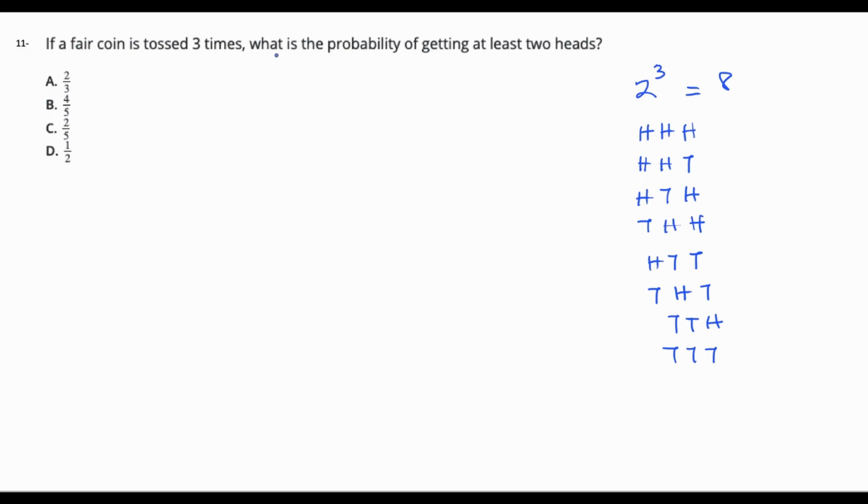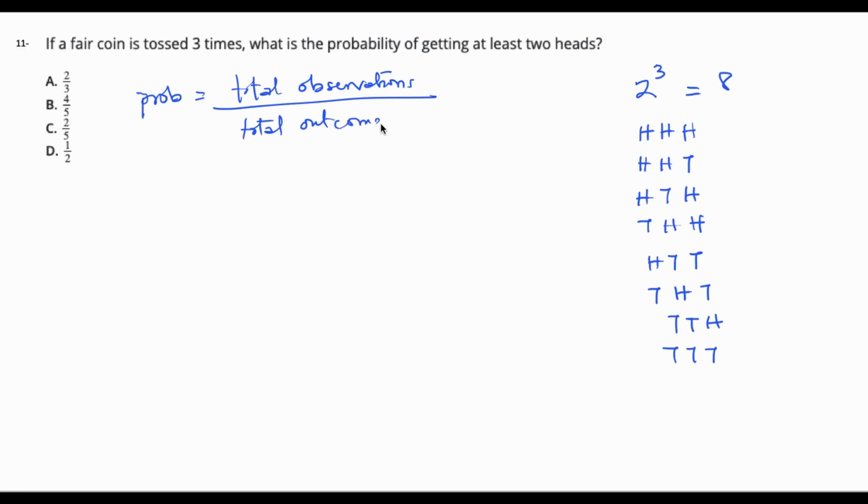So the question says, what is the probability of getting at least 2 heads? Now, the formula for probability is total observations over total outcomes.